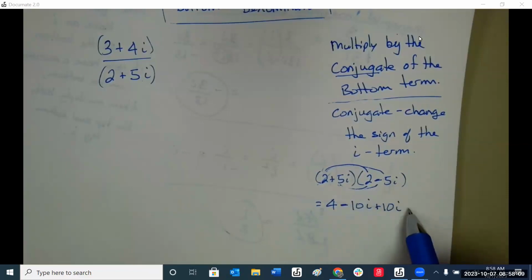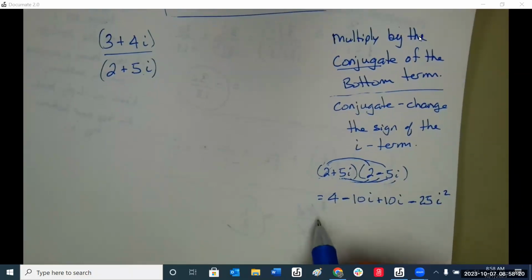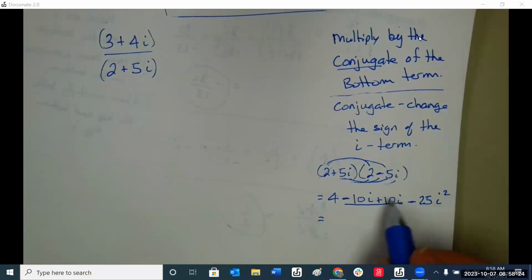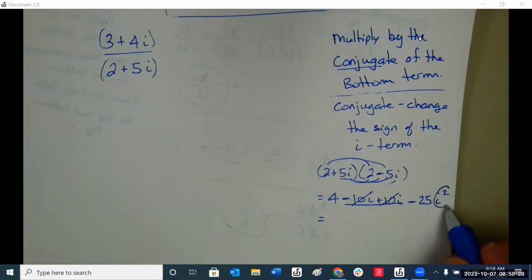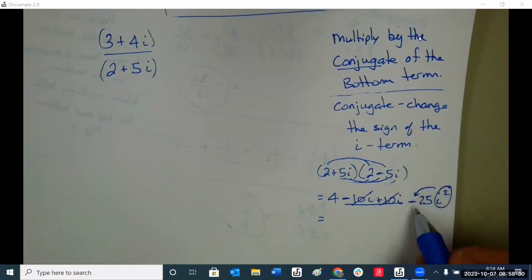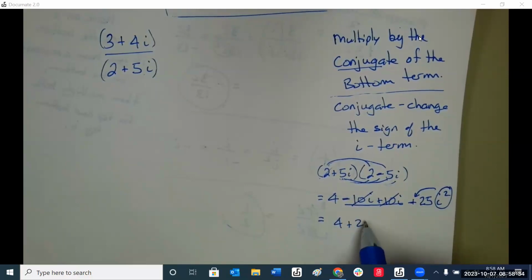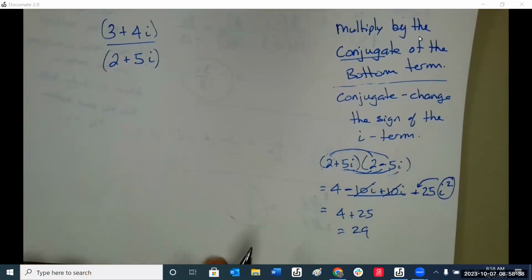Positive times negative is negative. 5 times 5 is 25. I times I is I squared. Negative 10 and positive 10 cancel each other out. I squared changes this sign to a plus. So we have 4 plus 25 is 29.